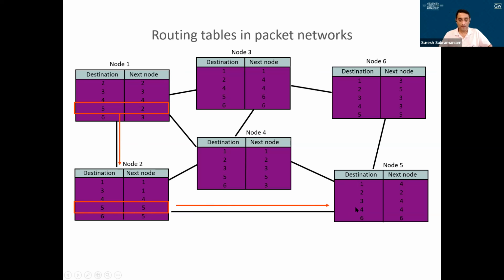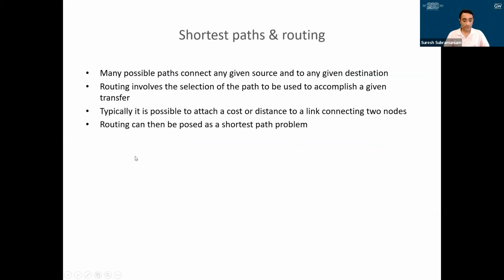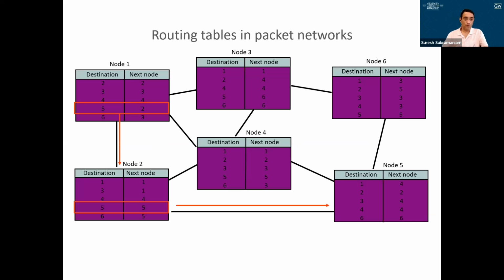So this is the path that the packet is going to follow. Okay. So that's how the packets are forwarded from the source host to the destination host by following the entries in the routing table that is present at each of the nodes, right? Now the question is, who is coming up with these entries in the routing table?